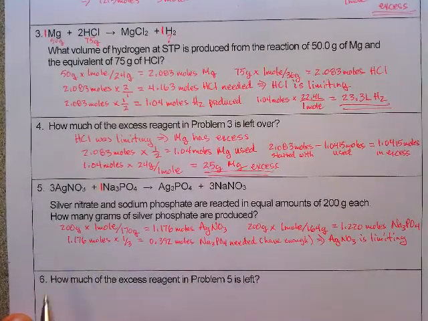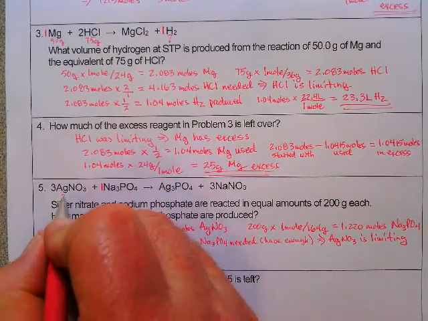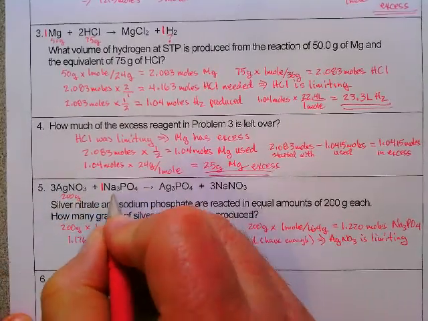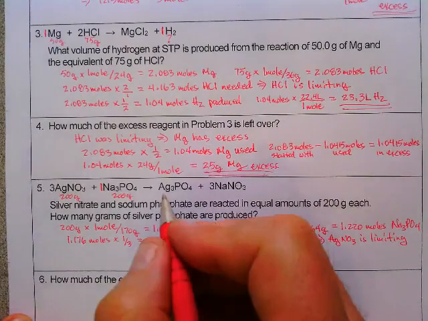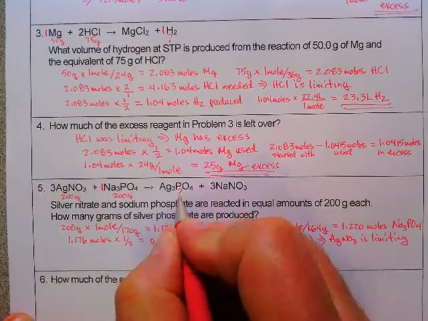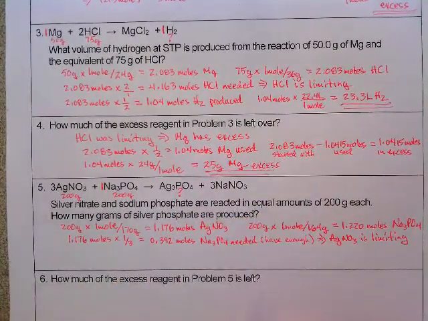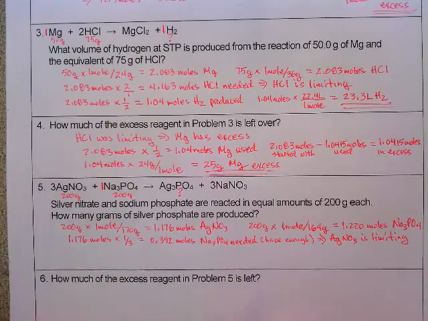I should have marked things. Let's see, I had 200 grams here, 200 grams here, and the one I want is the silver phosphate, so that's this one here. That's the one that I want to know how much we've got.